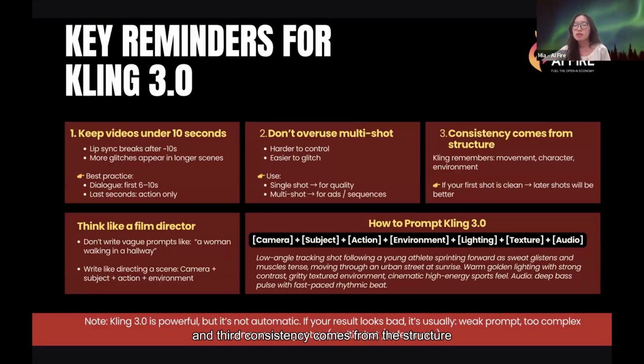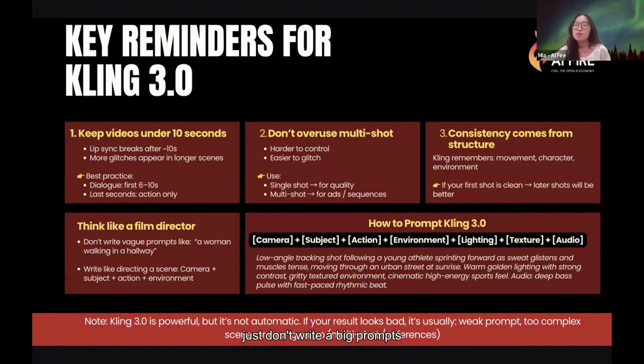And third, consistency comes from structure. Kling remembers based on what you give it, like the movement, the character, the environment, and all of that comes from your prompt. So if your first shot is clean, the next shots usually get better. And it leads to the biggest mindset: you need to think like a film director.